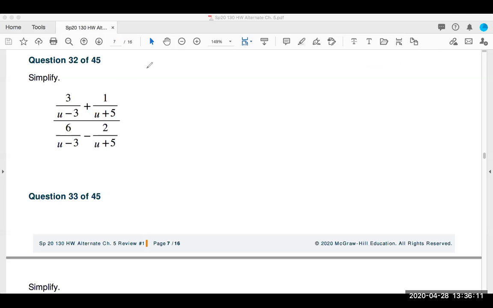So let me start with number 32. Again, we have a complex fraction here. Okay, we have essentially this numerator that can be simplified and the denominator can be simplified. So still going to color code here. Blue for the complex numerator.